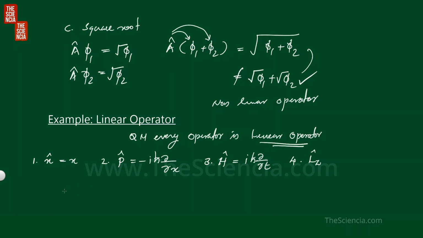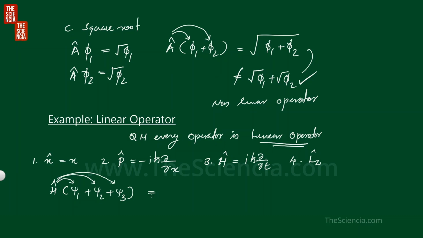Suppose a Hamiltonian operator, the energy operator, is operating on some state phi 1 plus phi 2 plus phi 3. How will this operate? The Hamiltonian operates on the first, then on the second, then on the third.